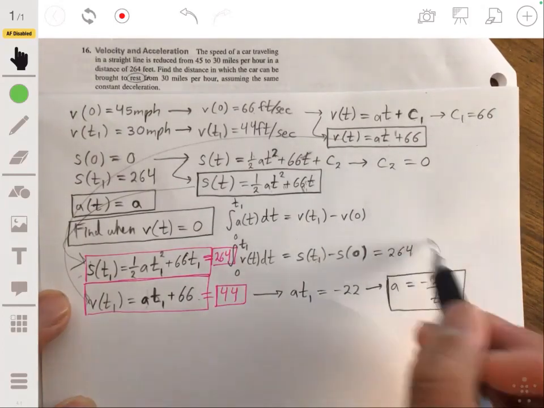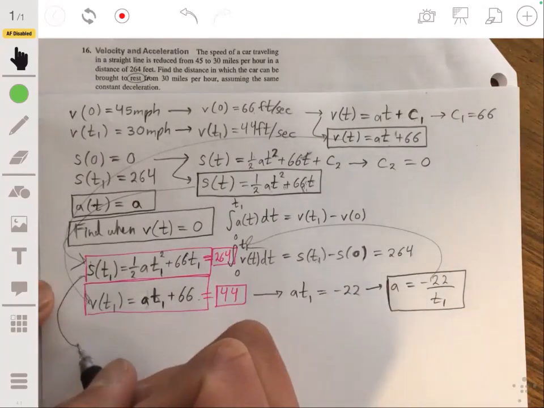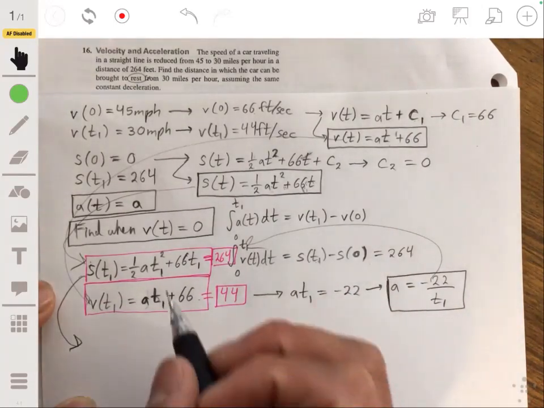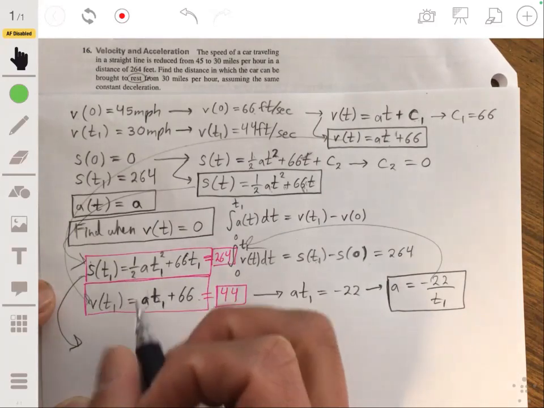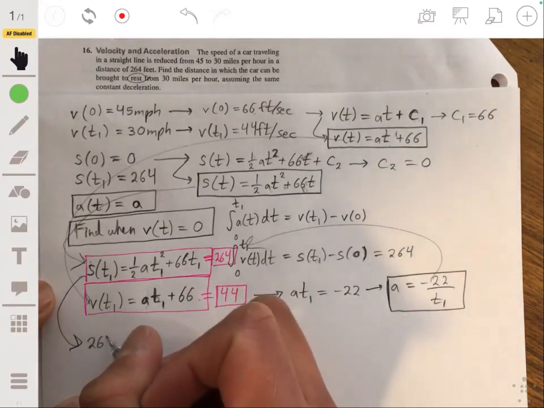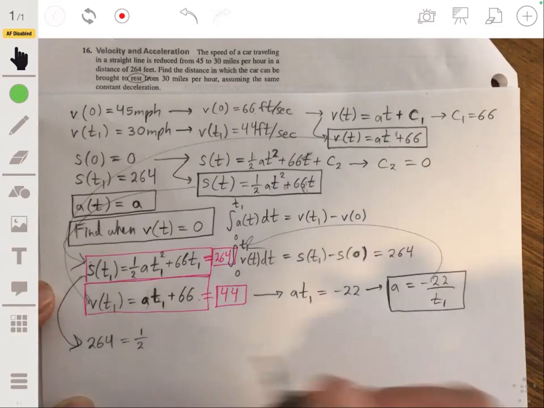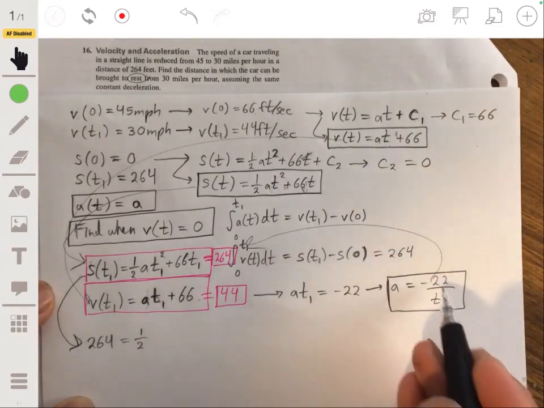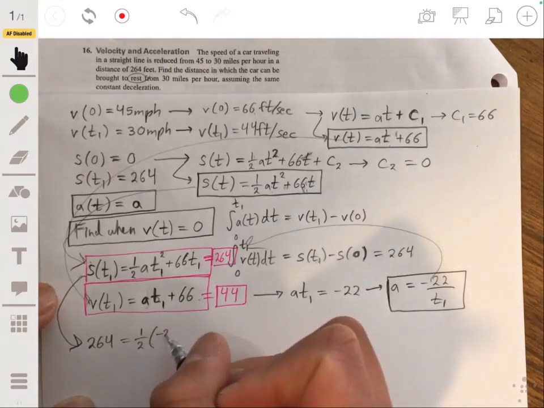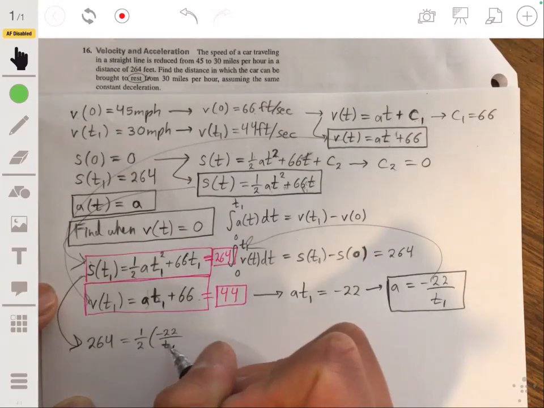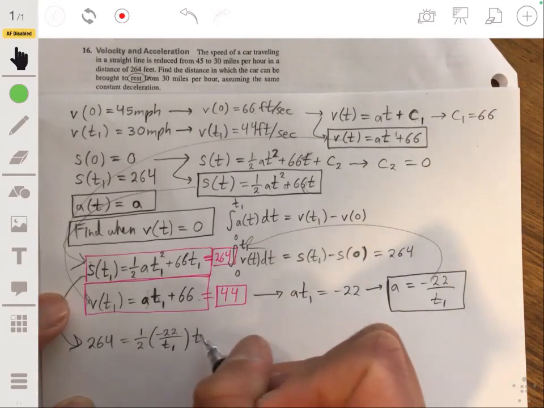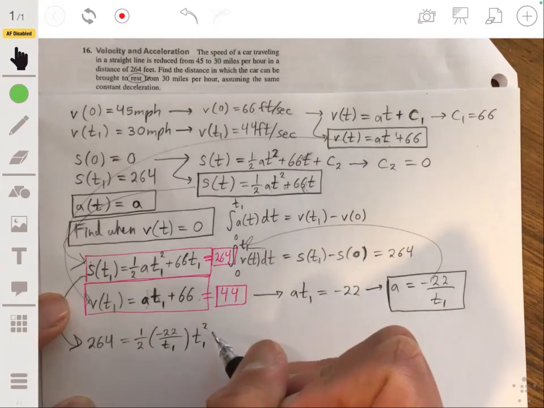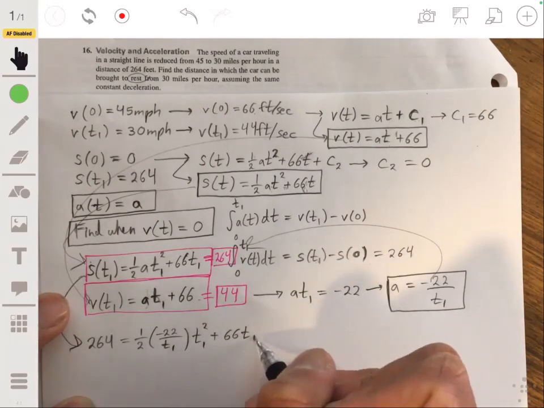So we're going to plug this in here, using systems of equations again. We'll have 264 equal to 1/2 times, for a, negative 22 over t1, times t1 squared plus 66 t1.